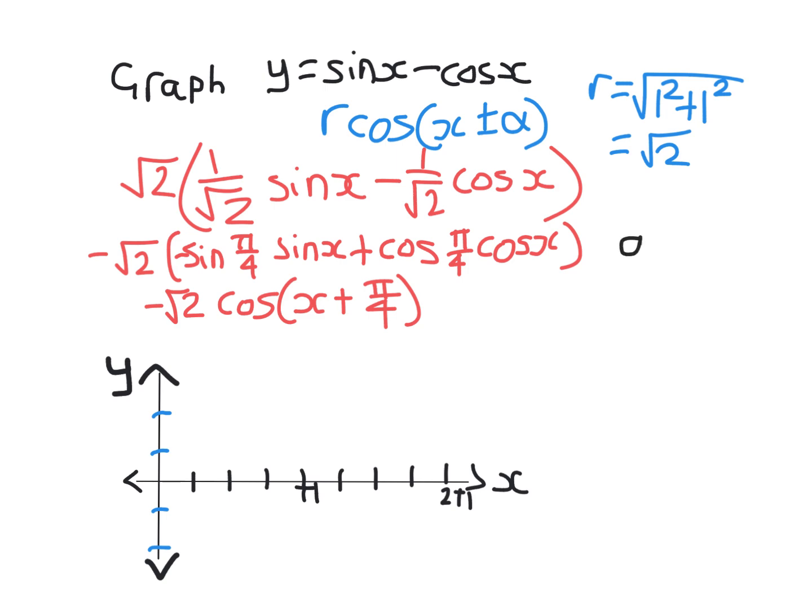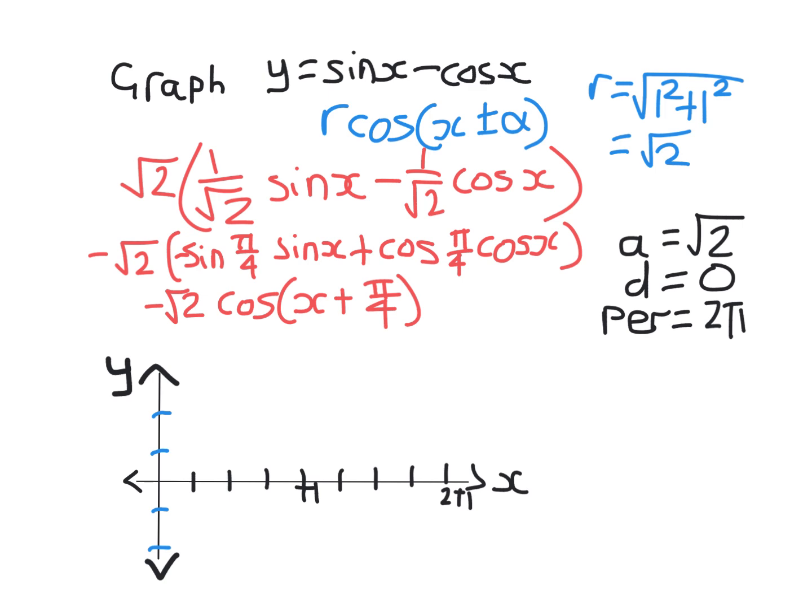So the amplitude here is root 2. The midline D is 0 because there is nothing written out here. The period is 2 pi divided by 1, because b here, the number in front of it, is 1. And we can find the first peak easily.